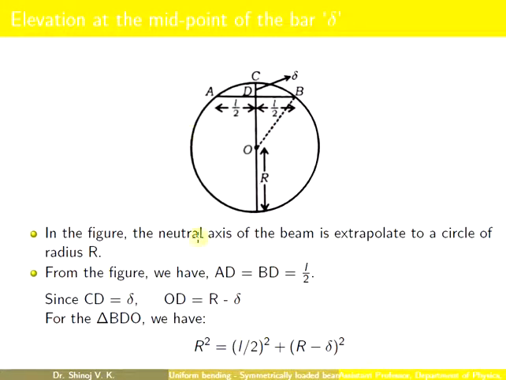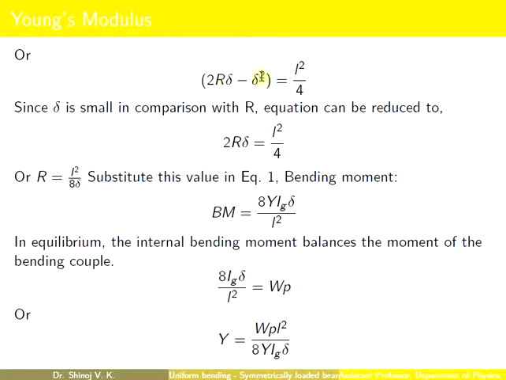We can cancel R squared from both sides, so that this becomes 2R delta minus delta squared equal to L squared by 4. And this delta is a relatively small value in comparison with the radius of curvature or the length of the beam, so we can neglect this term. The delta squared will be even smaller. If delta is small, then this will be approximately 2R delta equal to L squared by 4. Then R is equal to L squared by 8 delta.